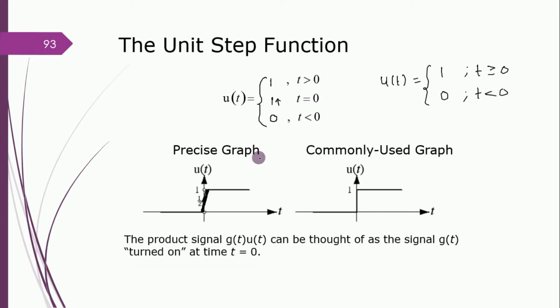The intention of taking this precise graph is that there is a change in the value at t equal to 0. In real time, anything that changes its value needs a certain amount of time. You take any practical thing in this real world, to change its value, it takes some time.